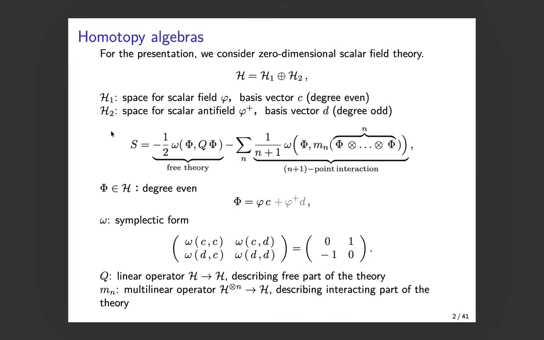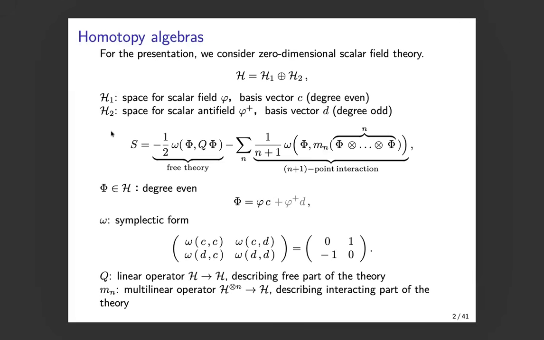And for this presentation, we consider zero-dimensional scalar field theory. That is, we don't have a space-time coordinate, and we just consider an integral, not a path integral. When we consider scalar field theory and some other theories with no gauge symmetry, we only need two spaces, H1 and H2.